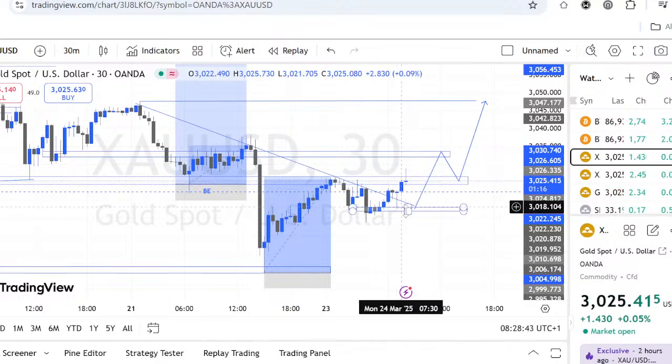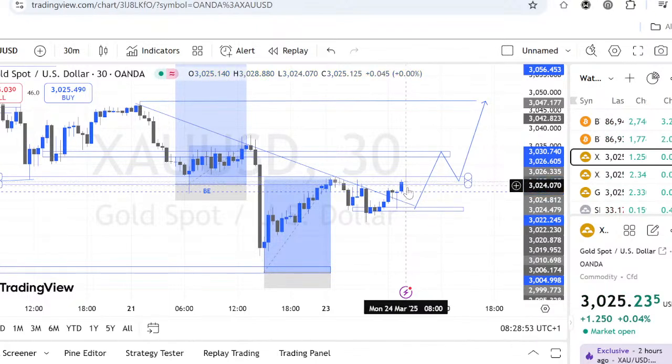But for now, it's still playing around, and as you can see, it's trying to make a doji candlestick, or is it a flying star or whatever? Once we get this candlestick closing in red, we can see that sellers are trying to push the market downward.